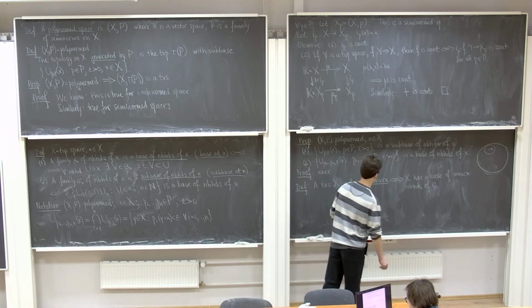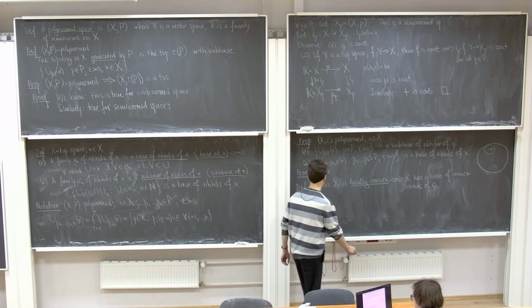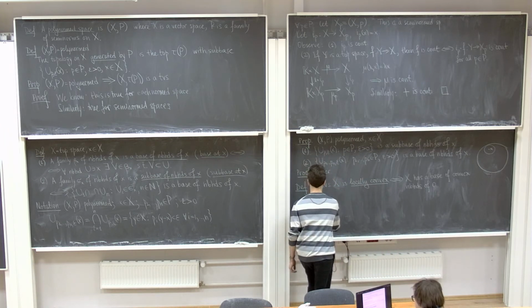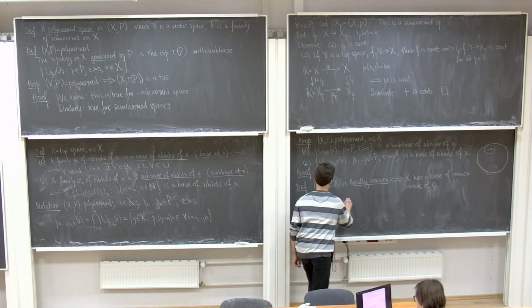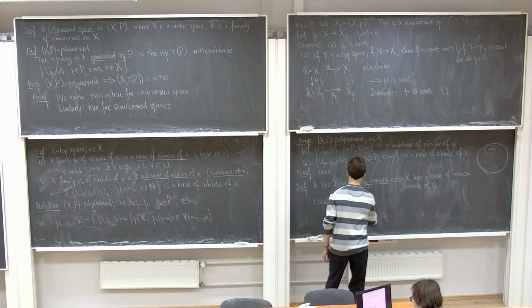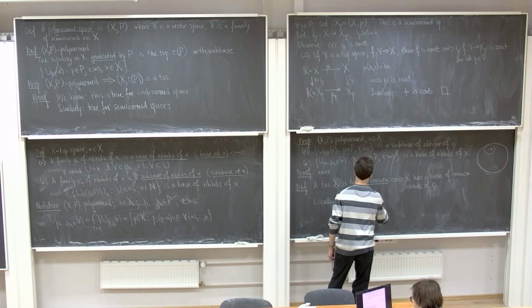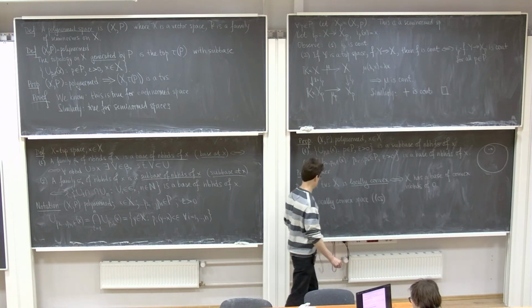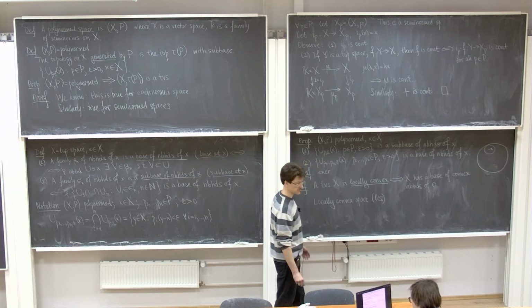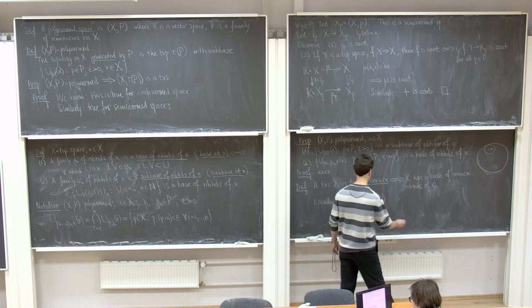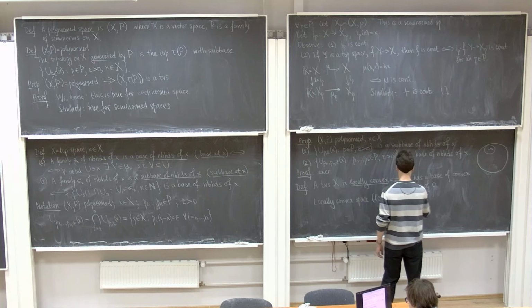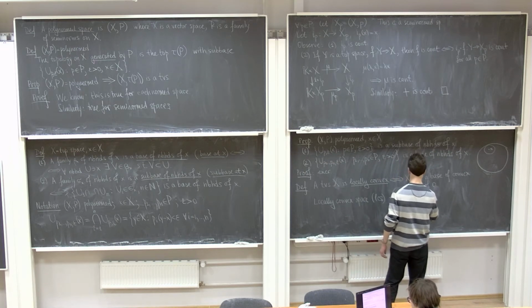And we will use the following standard abbreviation. By definition, a locally convex space, LCS for short, is a short name for locally convex topological vector spaces.